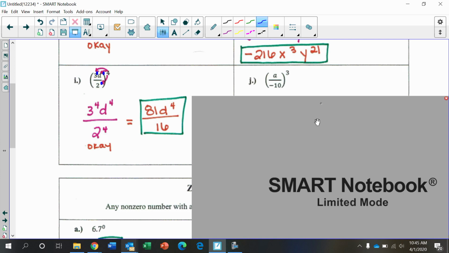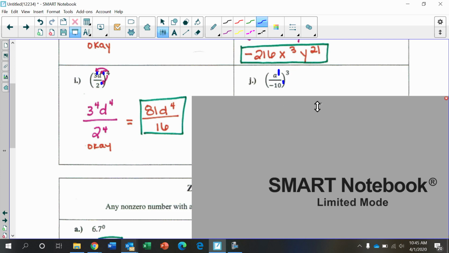All right. Over here again, I have 1, and I have 1 here. All right, we're distributing to each one. So I get a to the 1 times 3 is 3, so I get a cubed. Over here is a negative, so again, we want to keep it in parentheses. So I'm doing 1 times 3, I get 3.